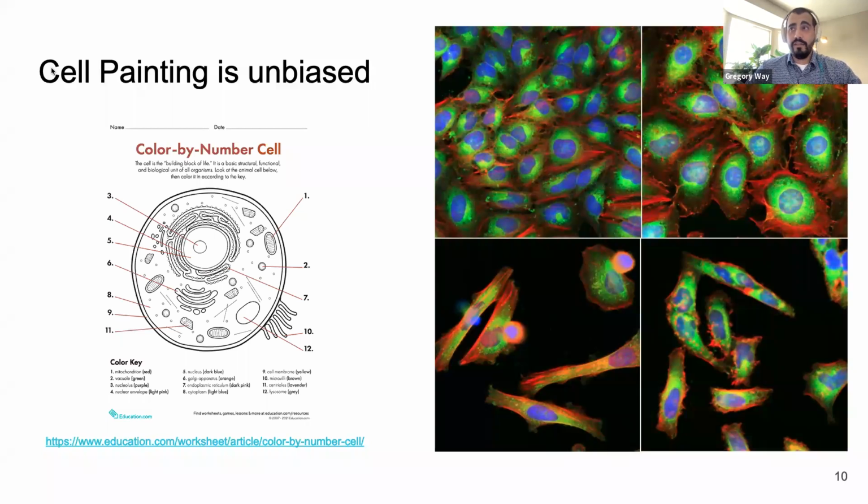And so cell painting is one example assay that we analyze. And you can think of cell painting kind of like a color by number, where you select different organelles to color with different reagents that are going to be along different fluorescent spectra and are going to emit at different wavelengths so that you can really easily capture it in a multiplexed experiment.